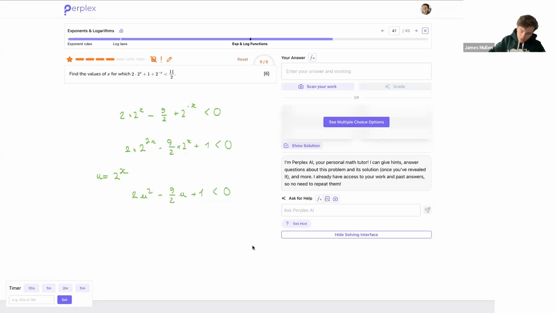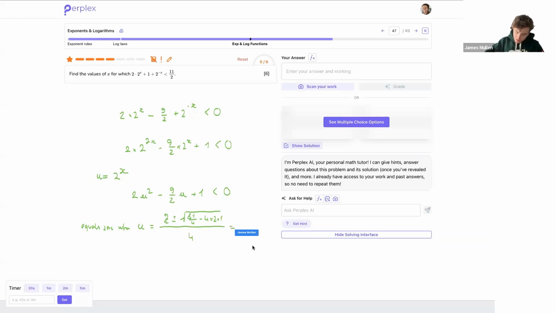Okay? And if I use my quadratic formula to find when it's equal to 0, u is equal to 9 over 2, plus or minus the square root of, and b squared here is 81 over 4. This is actually an identical quadratic to one we had a second ago. 81 over 4 minus 4 times 2 times 1, over 2 times 2, which is 4.